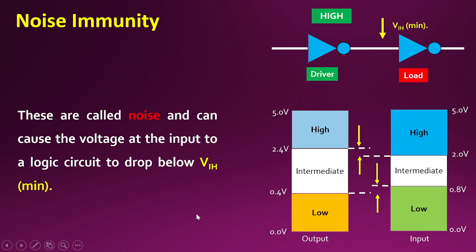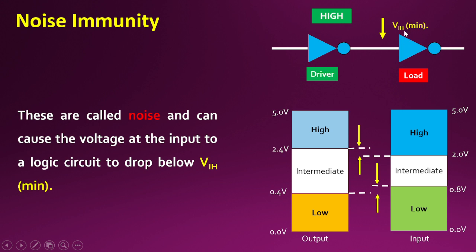Now suppose we have a situation where the output of the driver is high. So a voltage is applied, and a wire has been connected to the next NOT gate, and some stray noise has been picked up by the wire. Now when the output is reaching the input of this, we have VIH.